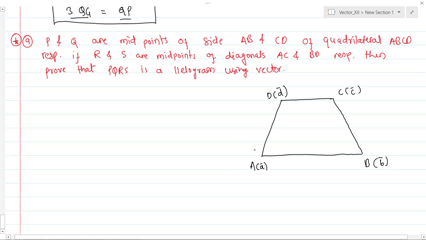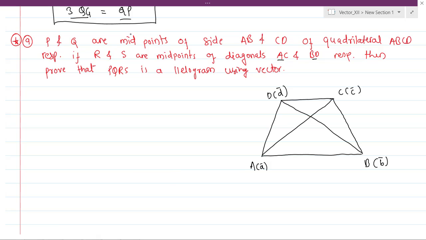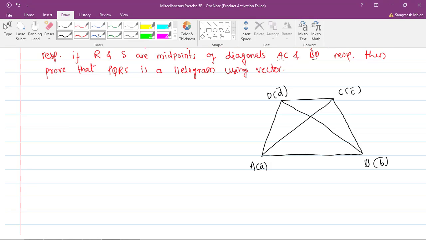Now let's have the diagonals also. R and S are the midpoints of the diagonals AC and BD. So this is our AC diagonal and this will be the DB diagonal.